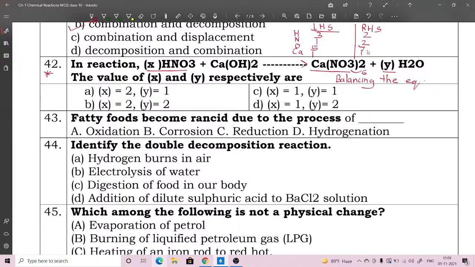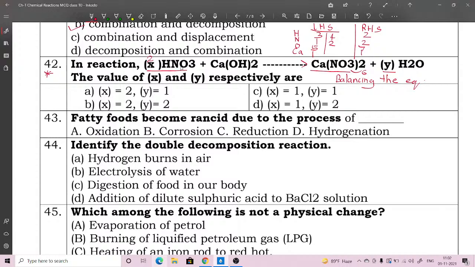Okay, if I put X is 2, let us check it out. If I put 2 here, the hydrogen becomes 4, nitrogen becomes 2.